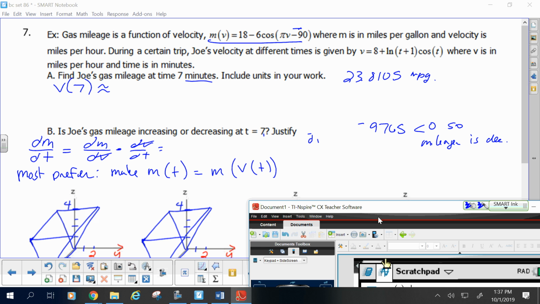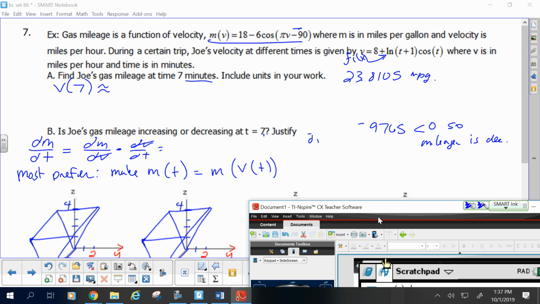Now, assuming this is calculator active, which it is, then the hard part is, and this is the part that I can advise you calculator-wise, there's a smarter way and a grosser way. If you actually try and write one big function of 18 minus 6 cosine of pi, and then you try and type all that in, and then minus 90, parentheses are lost and mistakes are made, and it's a disaster. It tends to go bad. So in terms of calculator use, the most clean way is to first put this in F1, right?